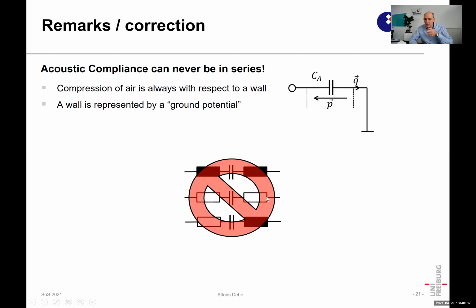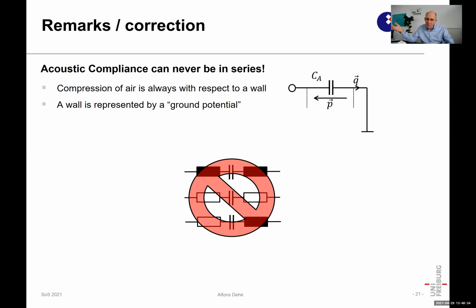If I find something like this in an acoustical lumped element network, you need to check it and ask people what they did in here. Most probably there was a wrong situation. Later on, we will see how we bring together networks, and such situations are allowed, but not for acoustical compliances.